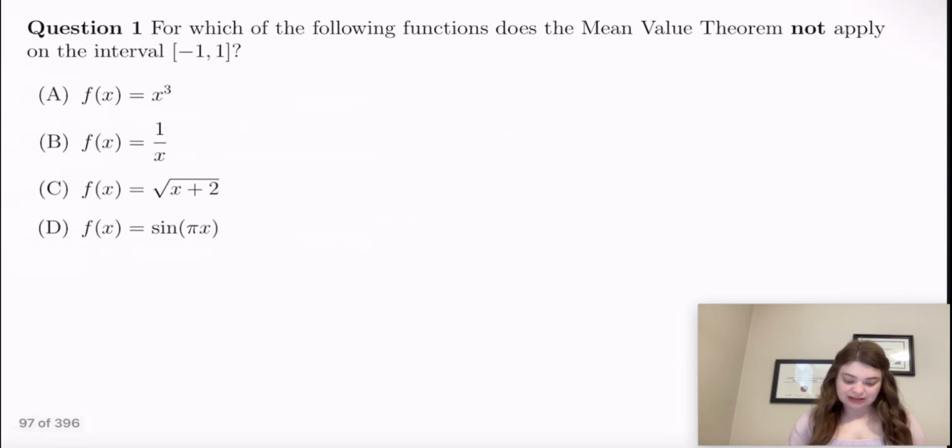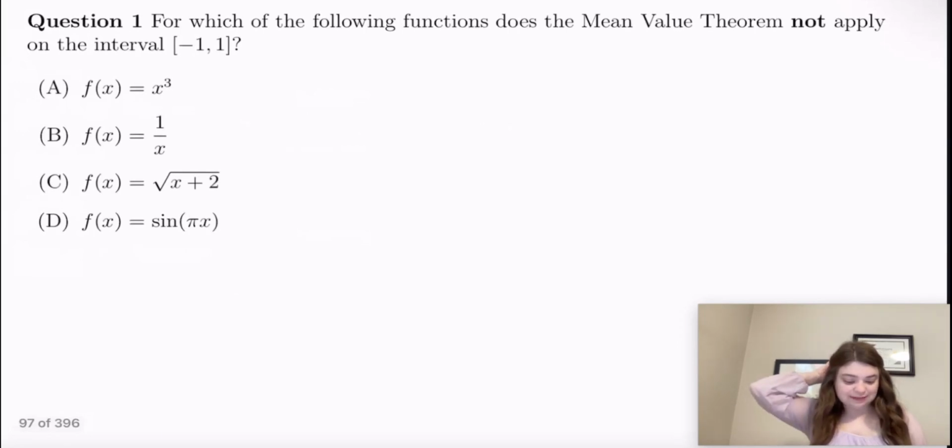The first one asks, for which of the following functions does the mean value theorem not apply on the interval from -1 to 1? So remember, for the mean value theorem to apply, it must be continuous and differentiable on all of the points. So let's look at the first one, x cubed.